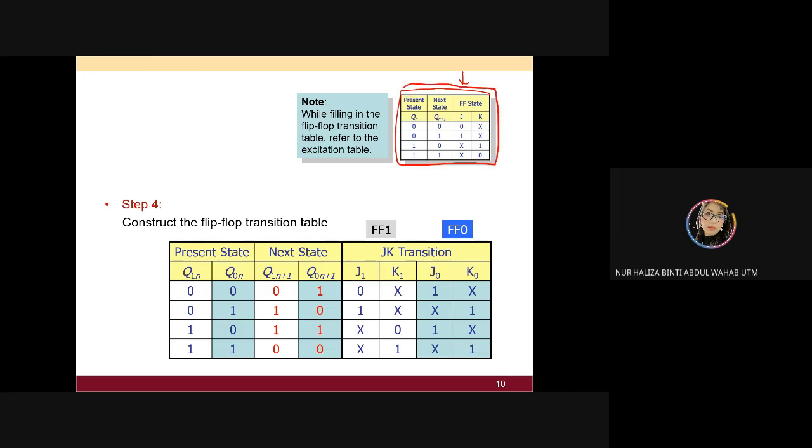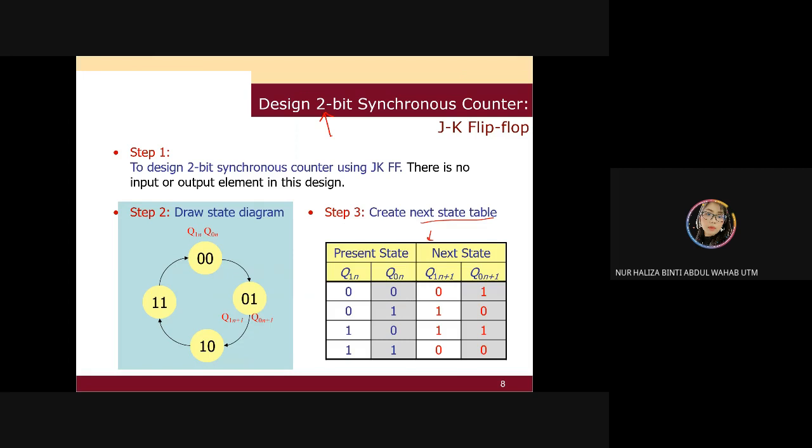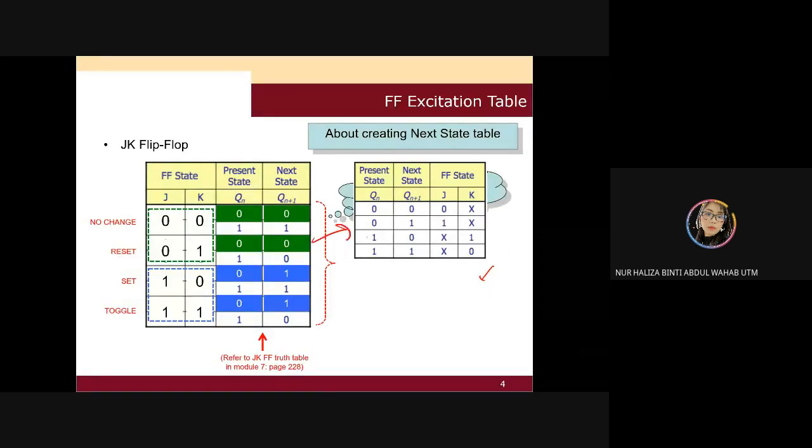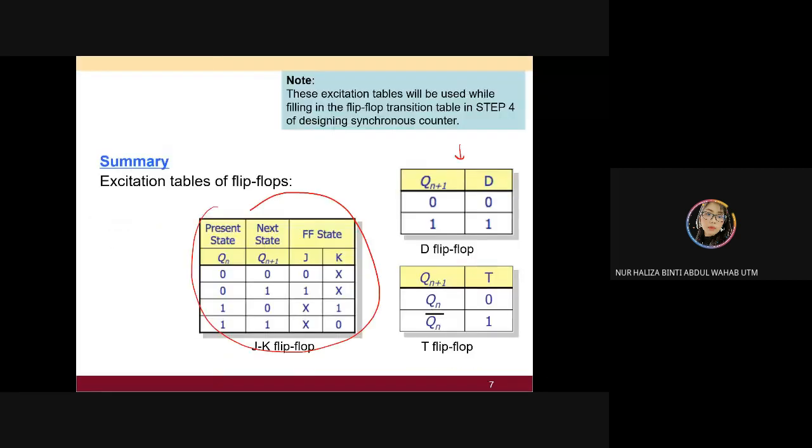You need to understand how you're going to get this, rather than just saying, okay, I just want to remember it, I don't care how to get this table. It's okay to remember that, but it's better for you to understand the flow. Just now, I already showed you how you can get this table. Try to do also D and T after this.